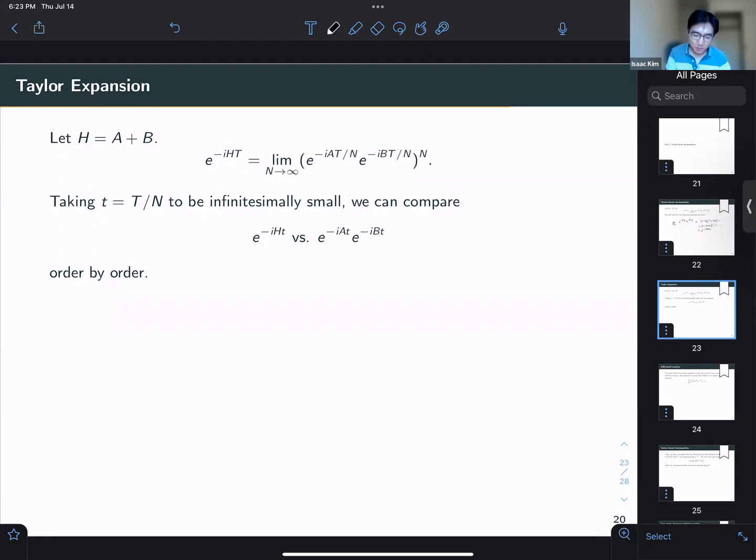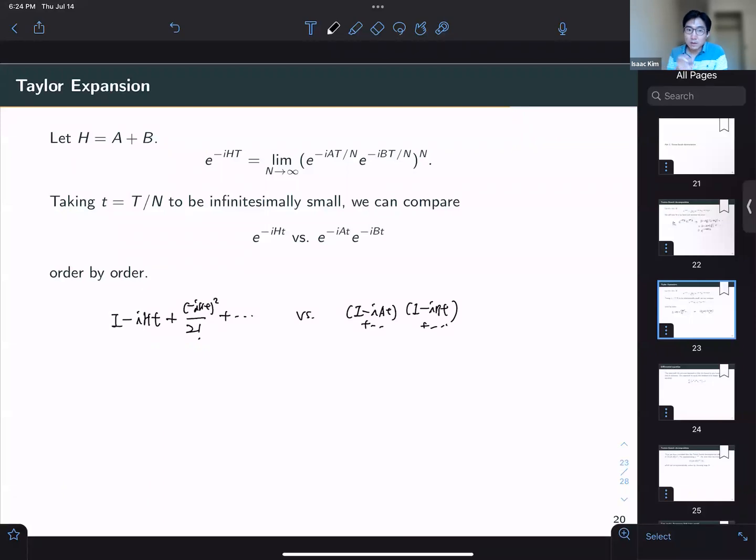As I've shown in the previous slide, on the left-hand side, what we're going to get is I minus iHt minus (iHt) squared over 2, plus and so on. And on the right-hand side, we have the corresponding expansion, plus and so on.